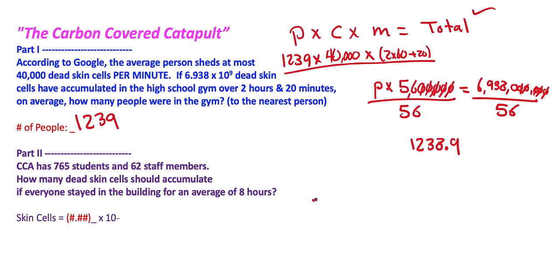There are 827 people, and they would each, at most, shed 40,000 dead skin cells, and then 8 hours, we would take times 60 to get the minutes. So there's your people, there's your cells, and then together this would be the minutes.